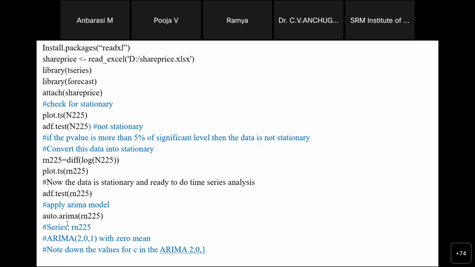The vector value is multiplied with minus 0.7621 times t minus 1, plus 0.0375 multiplied with the series at t minus 2. So we have two orders, plus the moving average value multiplied with the error. This is how you can write it in the equation. You can specify this equation in the paper whenever you are going for publication.